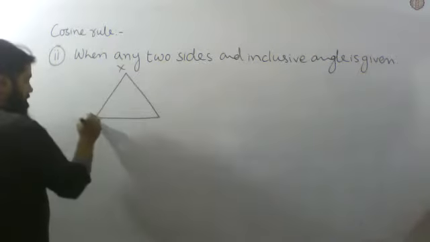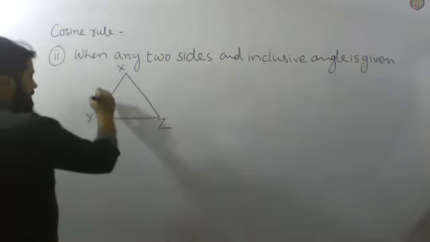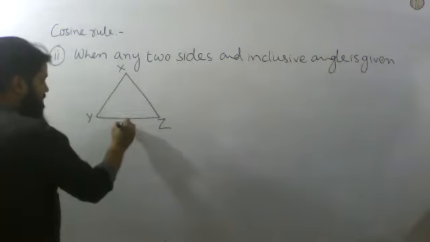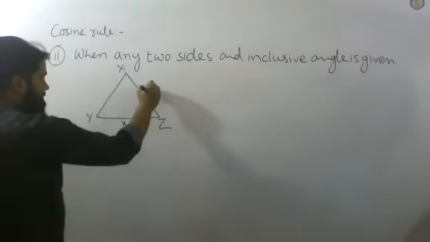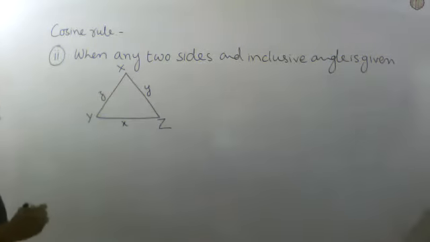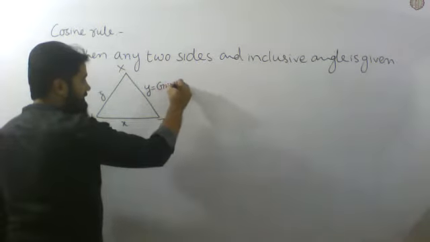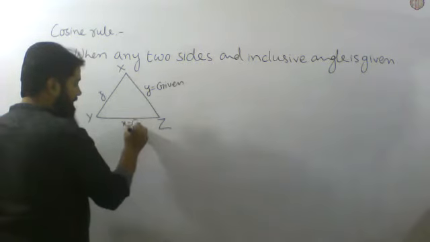x, y, z, okay, and opposite to x is small x, opposite to y is small y, opposite to z is small z. Okay. Now they are saying any two sides are given. So I'm saying, okay, for instance, if this is given and this is given.